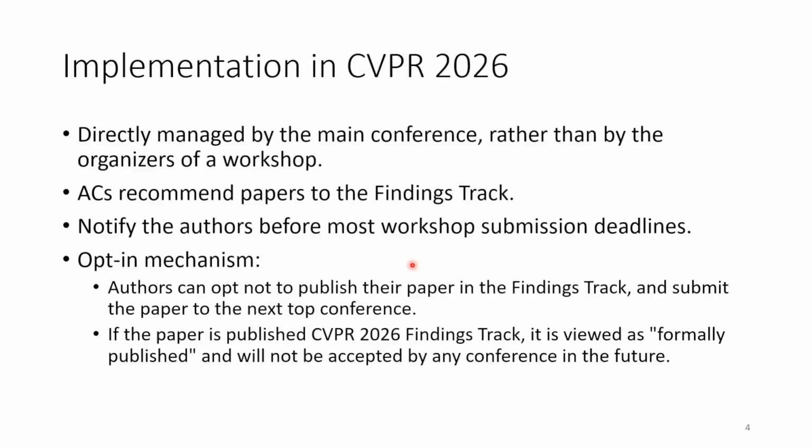Let me explain. Assume this is a pyramid. At the top is the program chair, who collaborates with other program chairs. They manage everything. There may be, for example, a general program chair and a publication program chair.